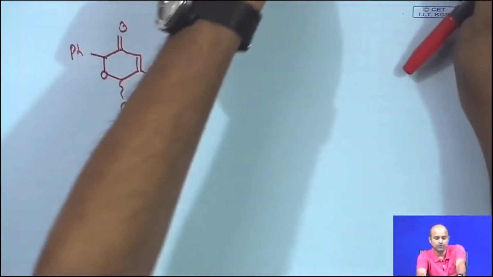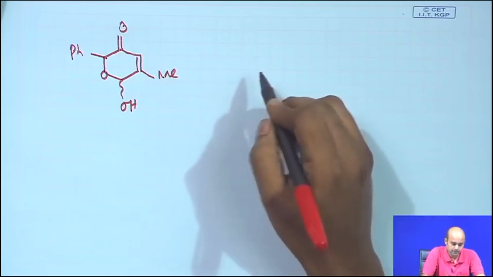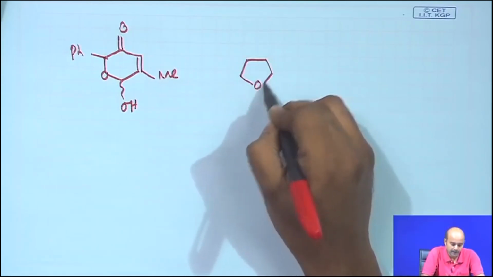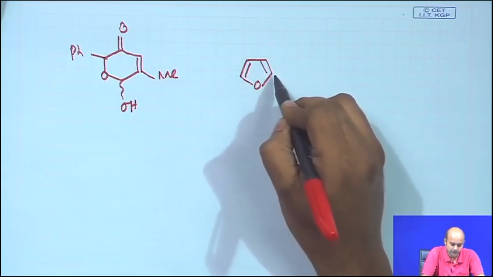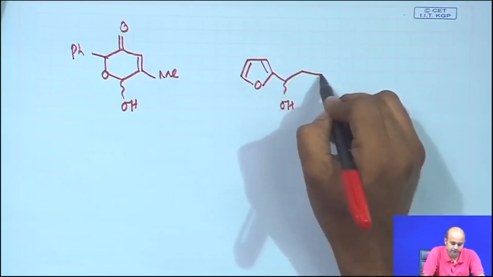And now we will come back to the original problem, where the structure after this Appel and Grignard, which is the furan carbinol, is basically these things.